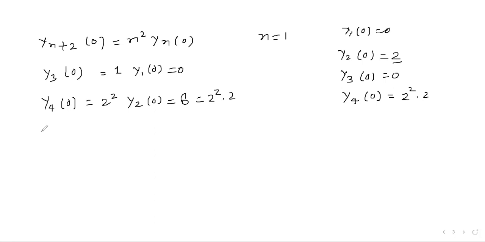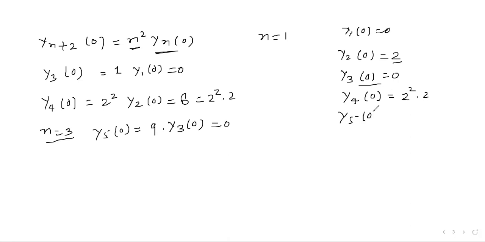Now when we put n equal to 3, so this will become y50. So this will become 3 square, that is 9, into y30. And y30 is 0. So this will become 0. So y50 is 0. So we are getting odd terms here, y1, y3, y5 as 0.